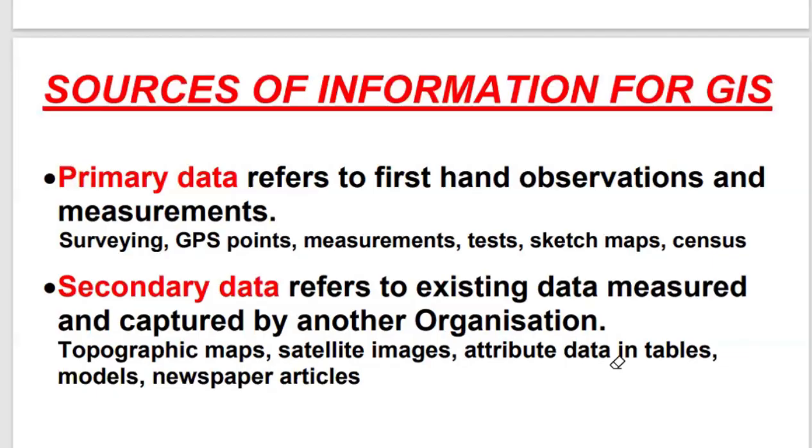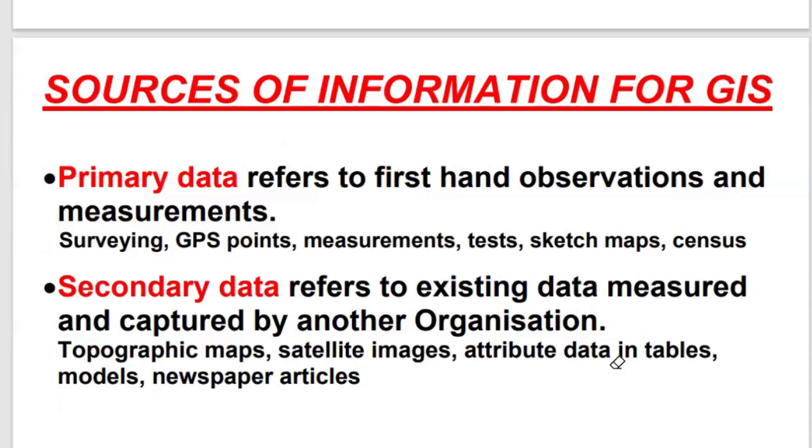The information is readily available from other sources. It has been collected on behalf of the person who is interested in finding the information. So it's already collected and it's mainly in written format that you can just go and collect from those sources that already provide the information. That is secondary. So our definition there, it says primary data refers to first-hand observations and measurements. First-hand meaning to say you are actually getting the information from the actual source.